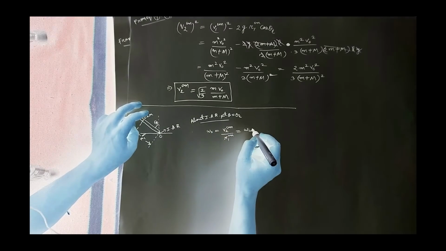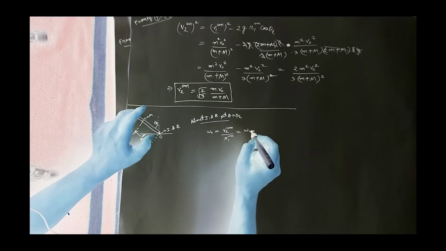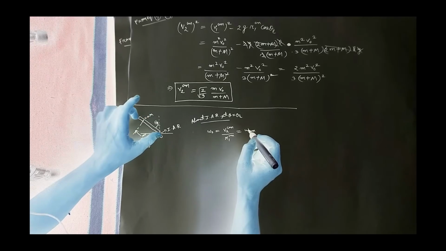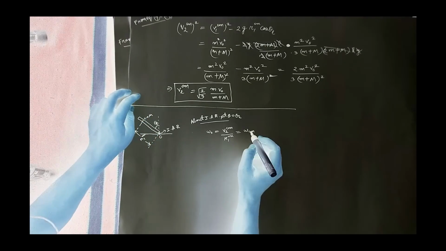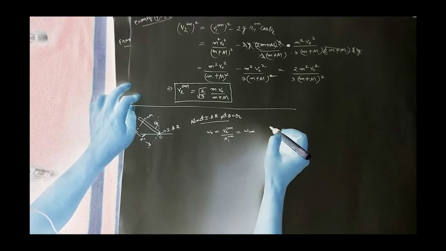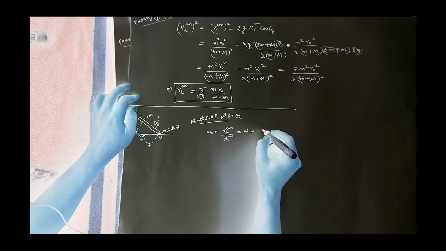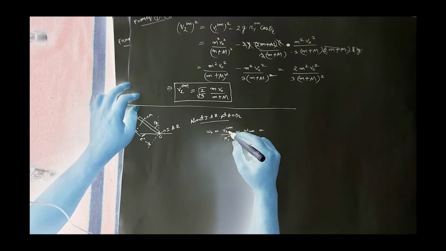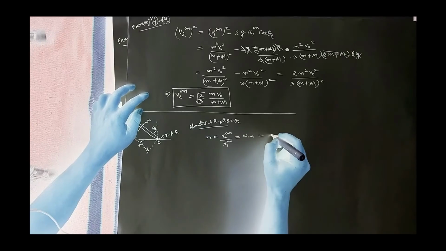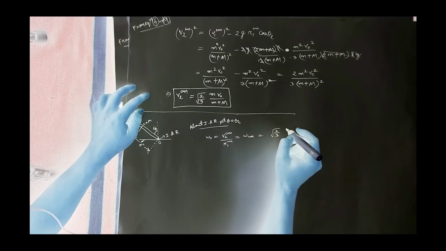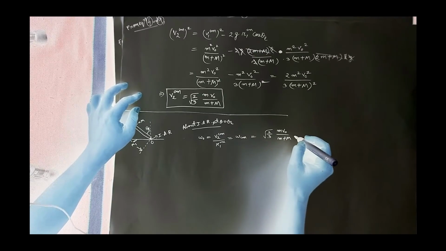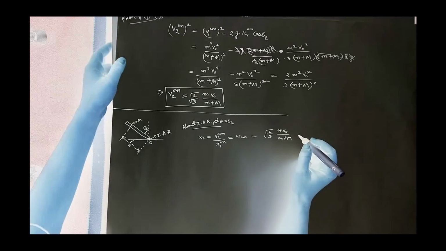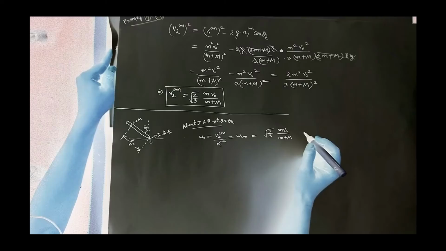This is my value, so I need omega cm, because just after the leaving I need the omega with which the rod moves about its center of mass. So my omega cm value will be how much? The v2 cm value I got at the top, root over of 2 by 3 m v naught by small m plus capital M, and the value of r1 cm I know. What is the value of r1 cm?